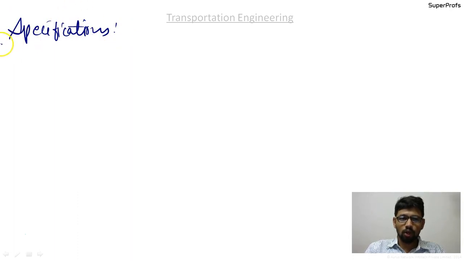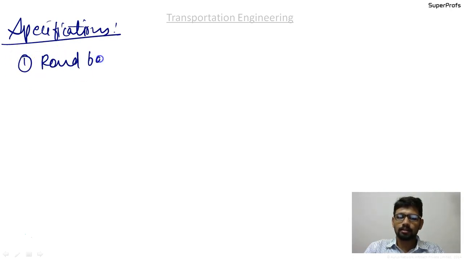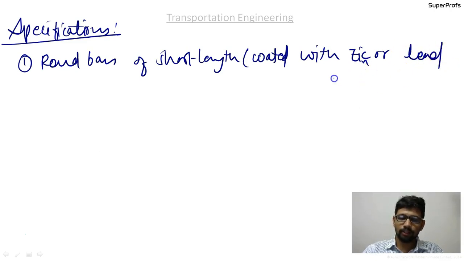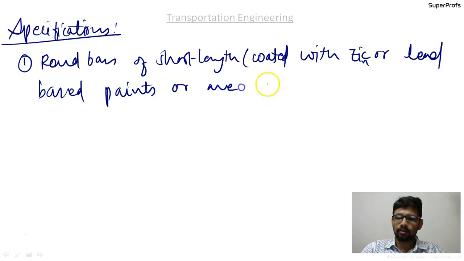Dowel bars are round bars of short length that are coated with zinc, or lead based paints, or are epoxy coated, okay?